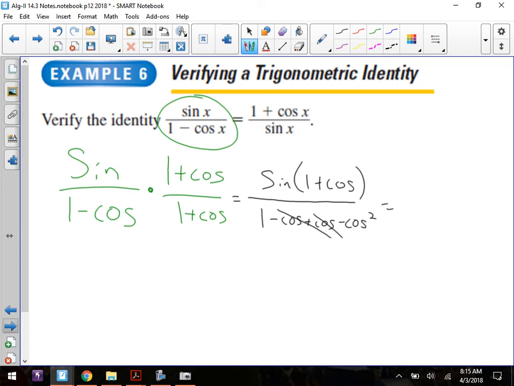So this becomes, and now what simplifies? Sine. One of the sines drops out and you're done.